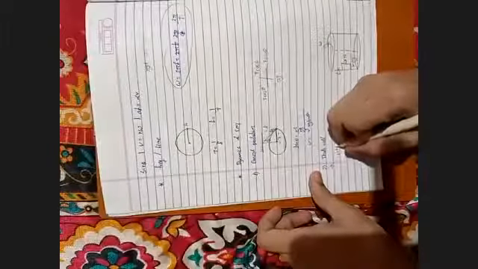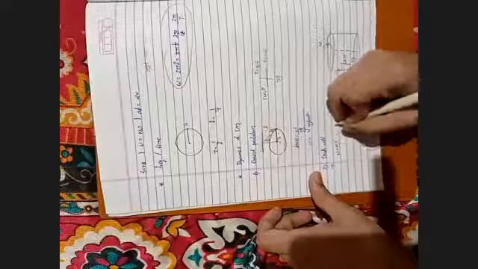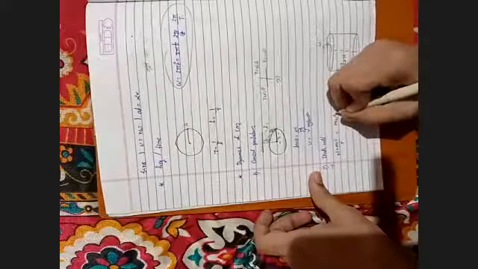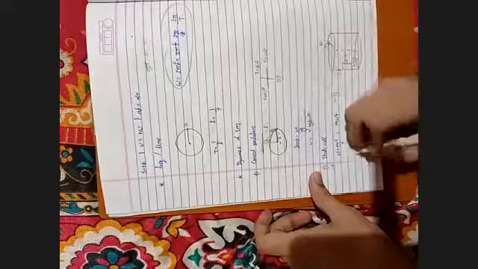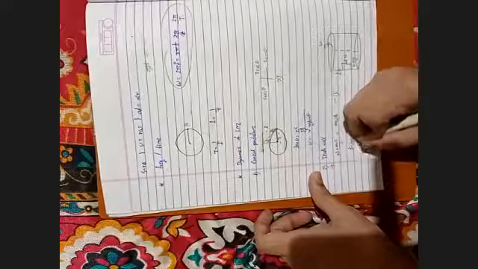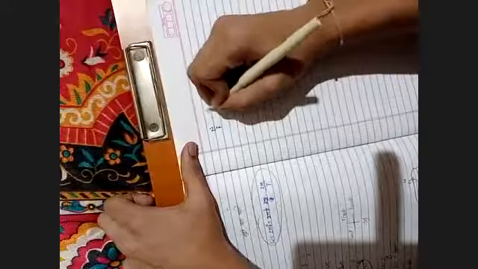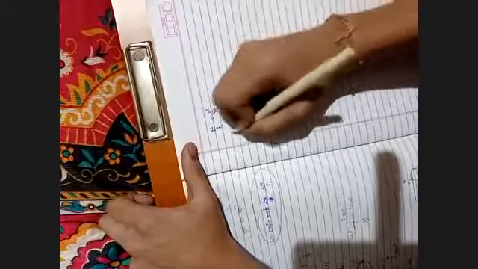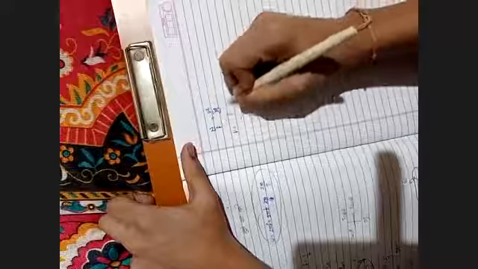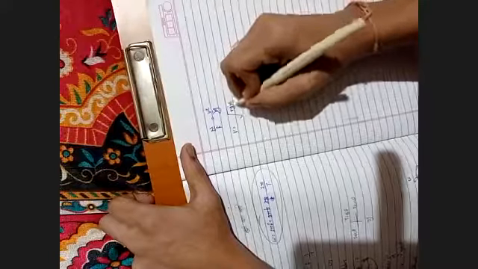So N is equal to mv square upon r, which is m omega square r. It is equation 1, and f is equal to mg. It is equation 2. By dividing them, we get N upon f is equal to v square upon rg. So v is equal to root of rg N upon f. For v to be minimum, f must be maximum.